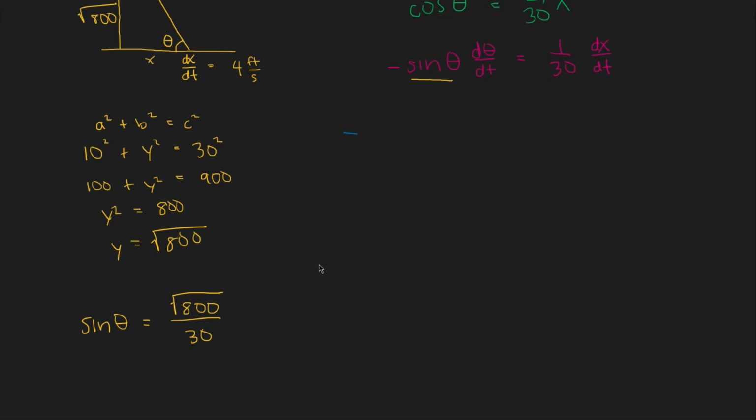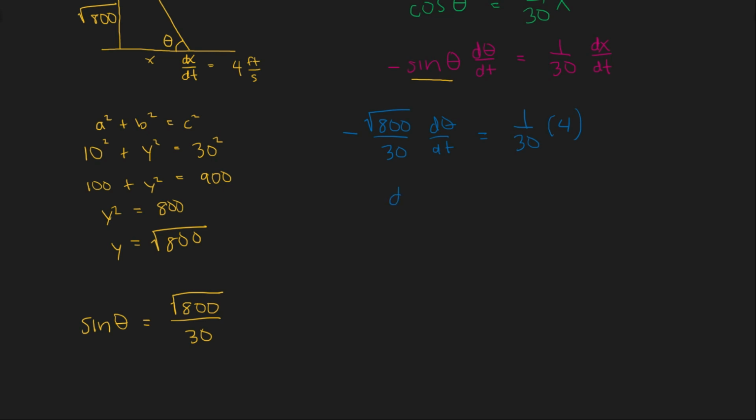So negative sine theta, which we discovered was root 800 over 30, times d theta over dt, and we know that that's the value that we're trying to solve, equals 1 over 30 times dx over dt, which we determined was 4 feet per second. So let's write a 4 there. Then let's isolate this d theta over dt.